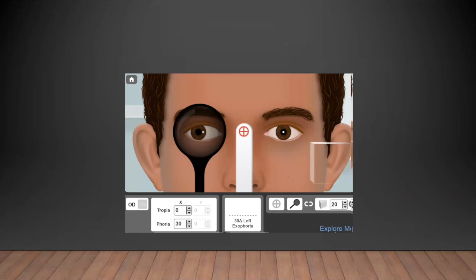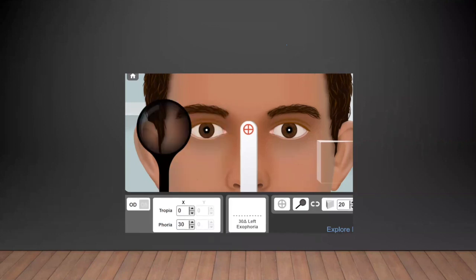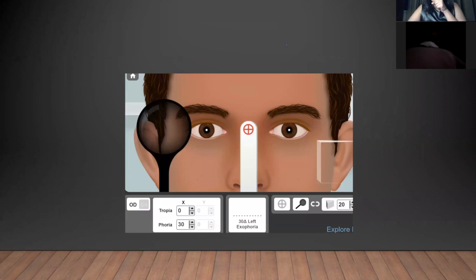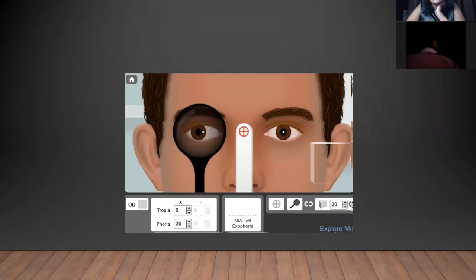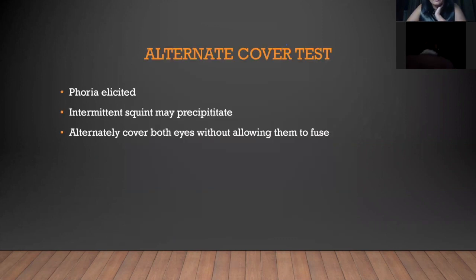A latent squint where the eye is going outwards or temporally is an exophoria. If the same patient had the eye going inwards, it would be an esophoria. However, what I want you all to remember is to know whether it was a phoria or tropia. So we finished cover-uncover. So this told you it was a phoria.